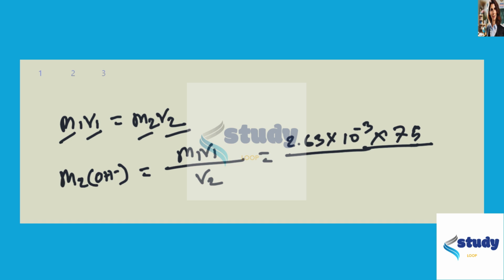V2 is the total solution volume now, which is 75 plus 125, that means 200 ml.